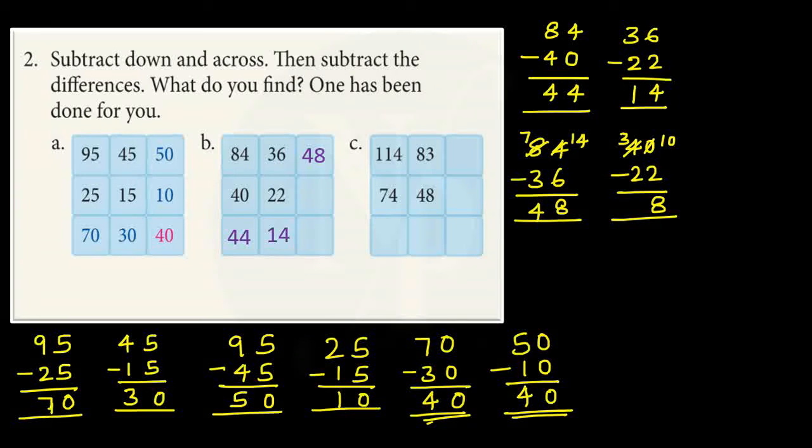And subtracting 2 from 3, you get 1. Write 18 in this box. Now let us subtract the differences we have found now. 44 minus 14. Find 44 minus 14.